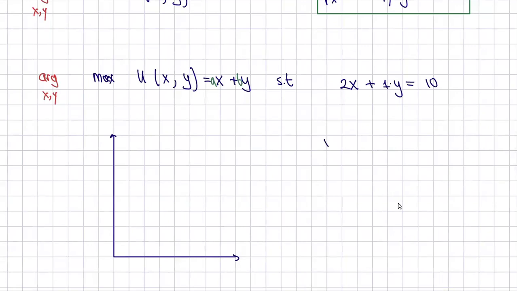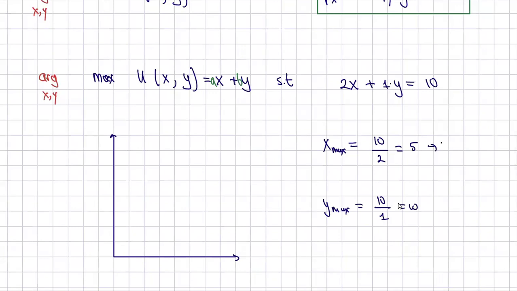I could ask what is the x max that I can get. If I spend all my money on x, how much utility do I get? I have an income of 10 and a price of 2, so I can get 5 x's. What is my y max? I have an income of 10 and a price of 1, so I can get 10 of them.